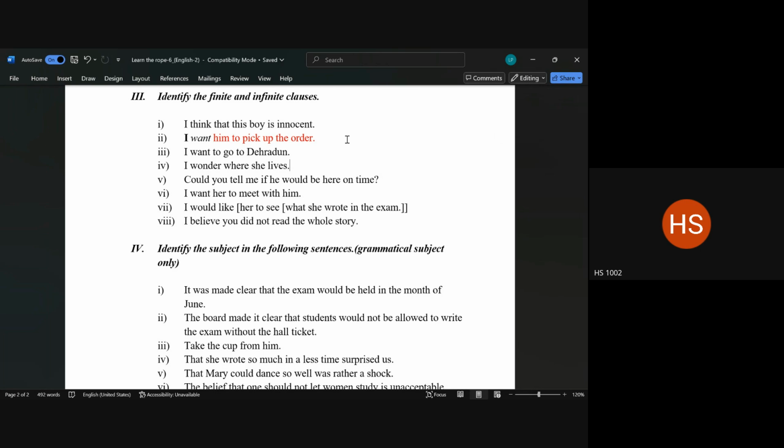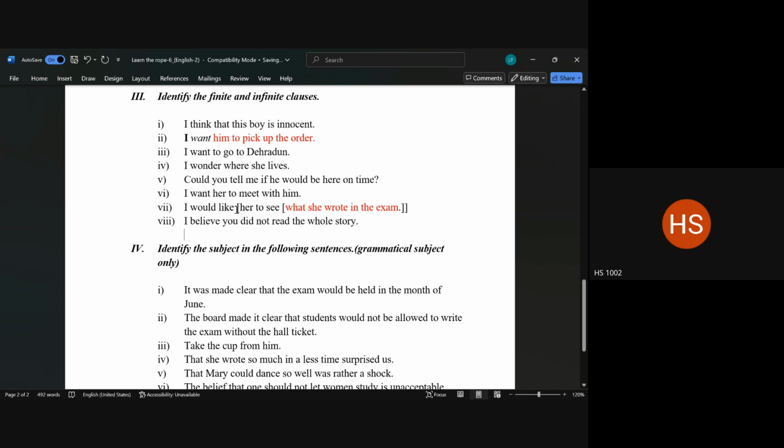Now, which part of this is non-finite? The complete her to see what she wrote in the exam. That particular chunk is your non-finite subordinate clause. What she wrote in the exam, that is finite. So the one that is marked in red here, this is a finite clause.